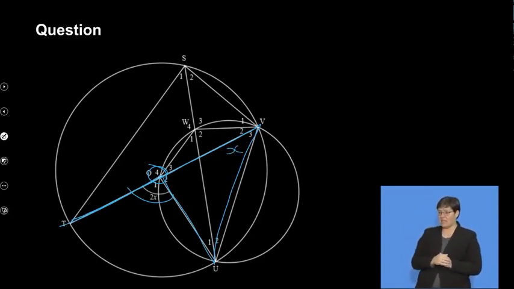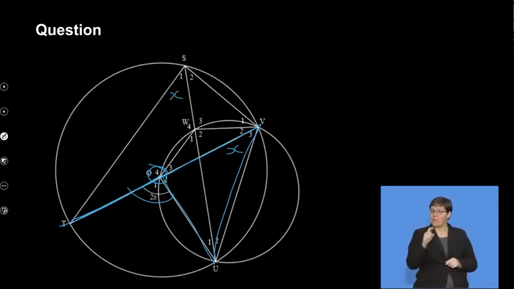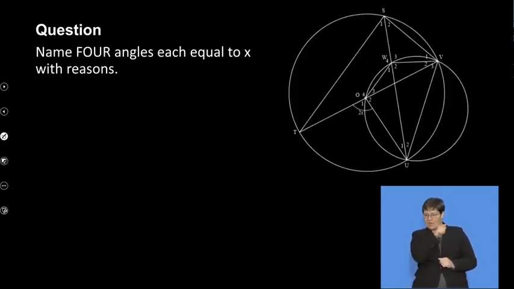If that is x, it tells me S1 is also x, and then I can find other nice angles. But for now, let's look at exactly what they want us to do. The first question wants us to name the 4 other angles that are equal to x, and give reasons why they are equal to x.